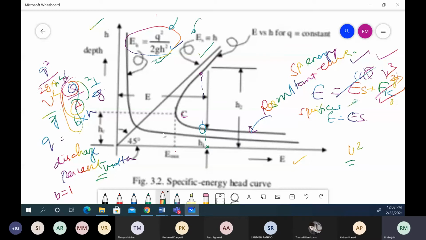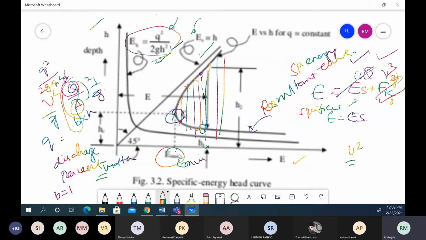Specific energy is minimum only at one particular point. After that, for all the specific energy values, you will be getting two heads, H1 and H2. Am I right?